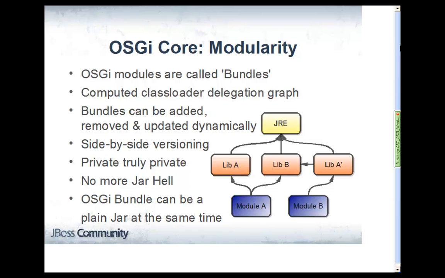So what you do in an OSGi bundle, you can structure your software the way you like. You put your stuff in different packages. They need to be public by definition. But in your OSGi manifest, you only say, I want these two, for example, these two packages to be visible to the world, and everything else is private to this bundle.